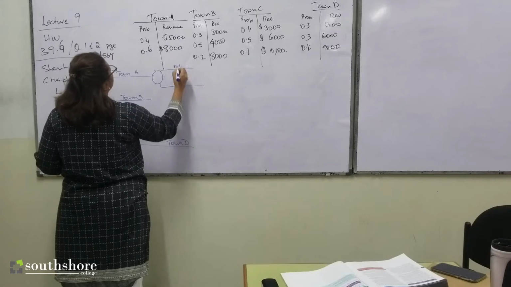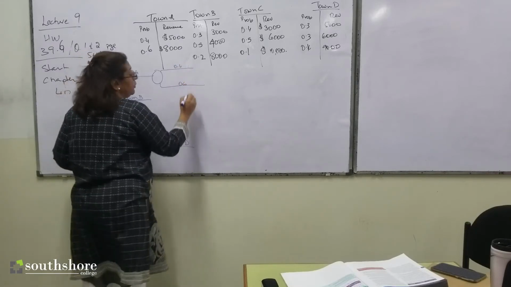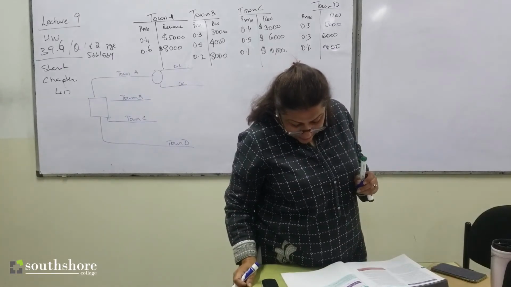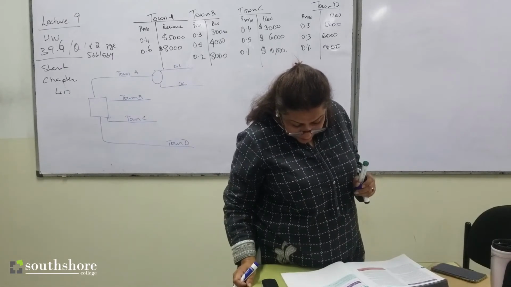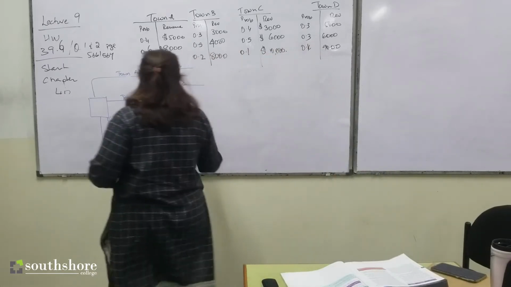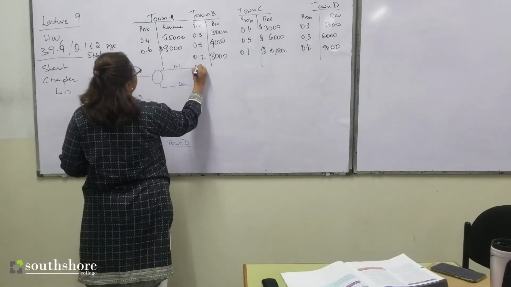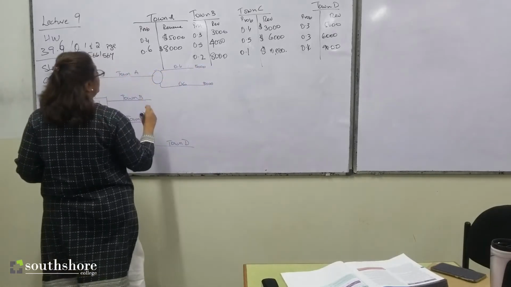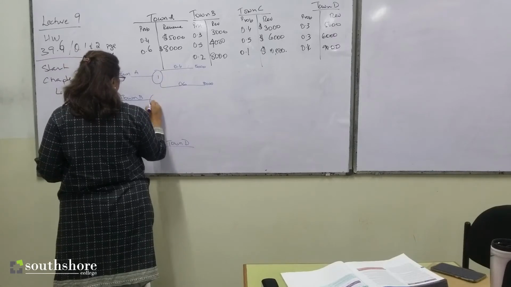A has 2 options, 0.4 or 0.6. Yeah, the probabilities of his economic return. So this is 5,000, this is 8,000. There is no initial cost for him, so this is 1.